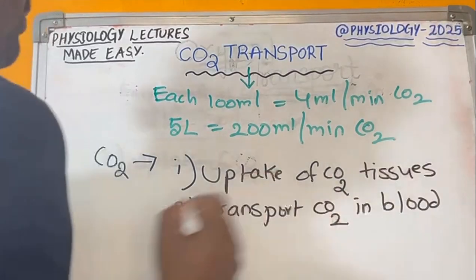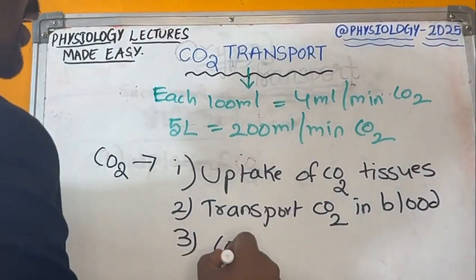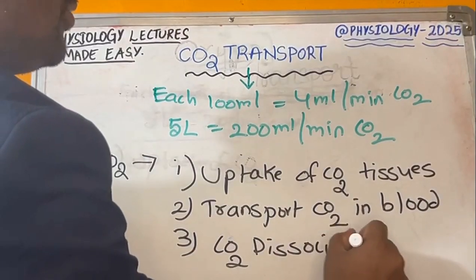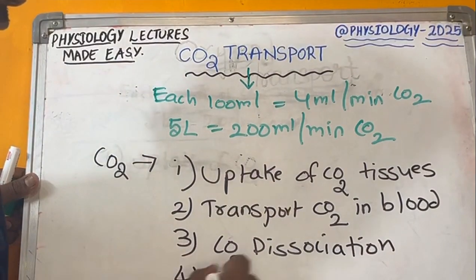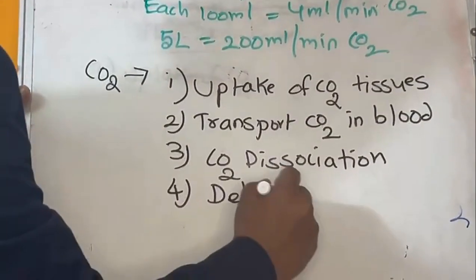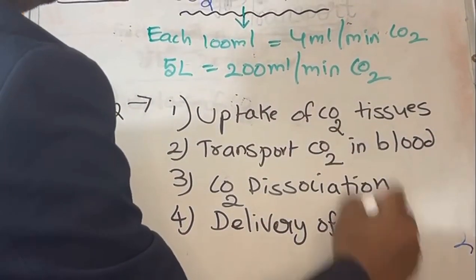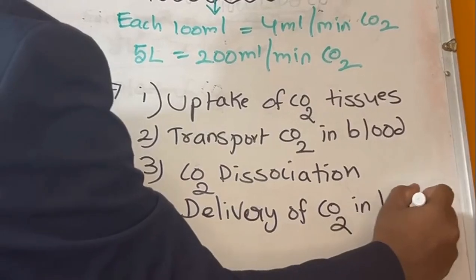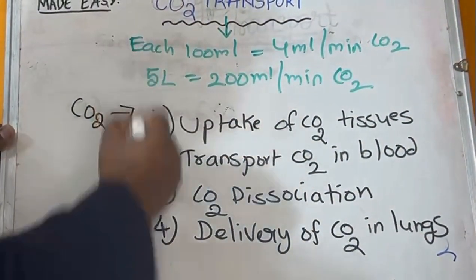Number 3 is carbon dioxide dissociation. Number 4 is delivery of CO2 in the lungs. These are the 4 headings. With these 4 headings, we'll finish the topic.